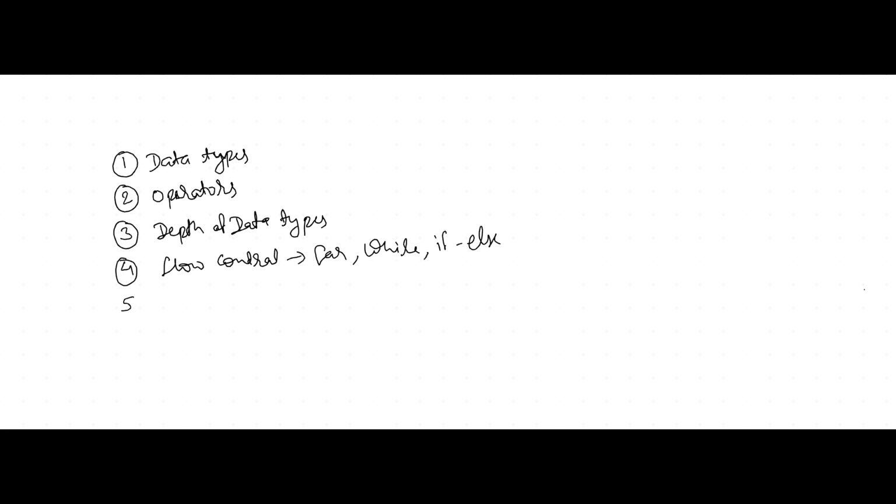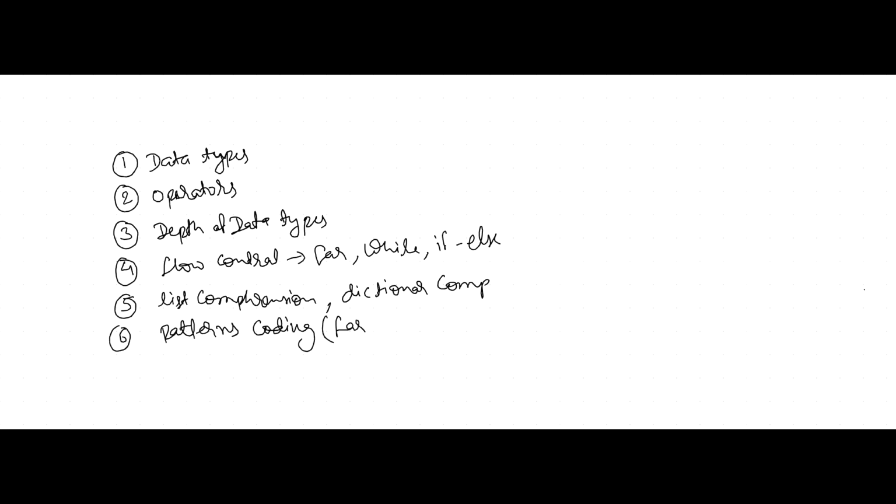We have covered list comprehension as well, dictionary comprehension as well. These things are almost covered. We did patterns coding with for loop and while loop. These things we have done.